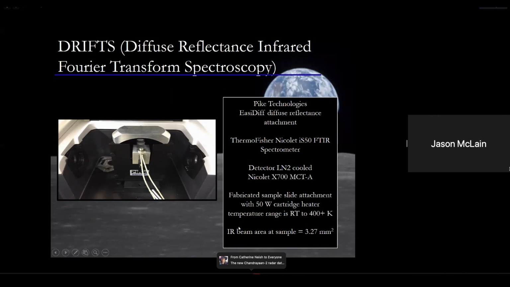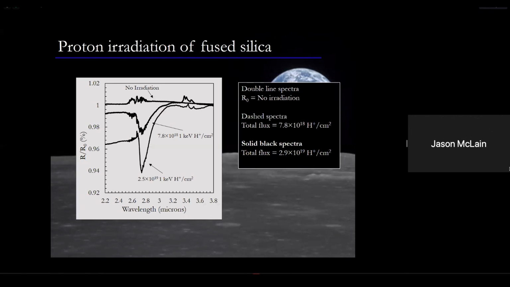So we take the sample then and put it into a DRIFTS setup inside the spectrometer, and we've actually got a way to heat this sample up as well. So I'll present some of that. The first results show really nicely. We get this really nice check mark feature, a really sharp OH feature on the fused silica.